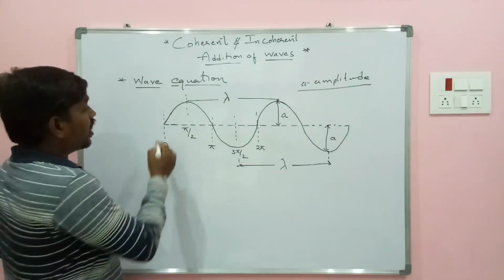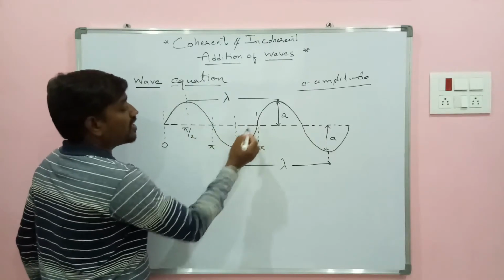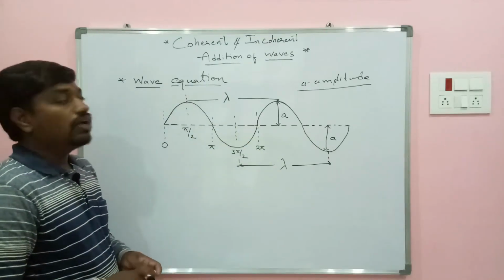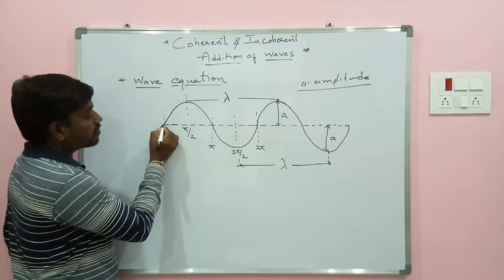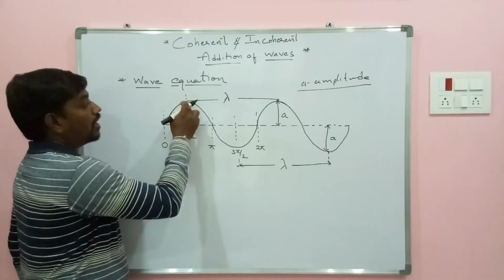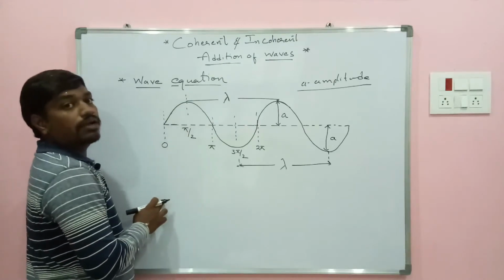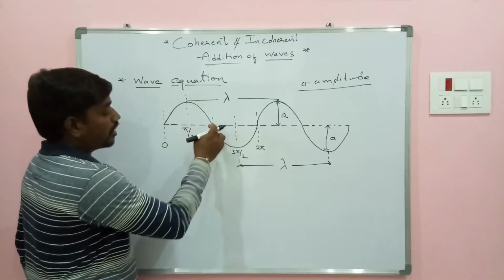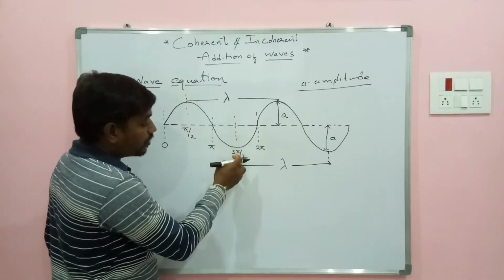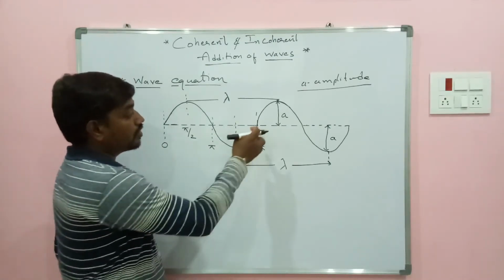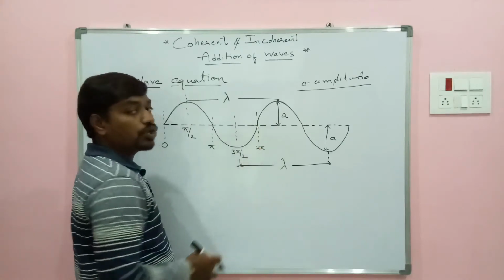And a wave will have a phase angle. Here we will have the phase to be 0. At this point the phase will be pi by 2. Again at this point we will have the phase to be pi. At this point the phase is 3 pi by 2. And here the phase is 2 pi.